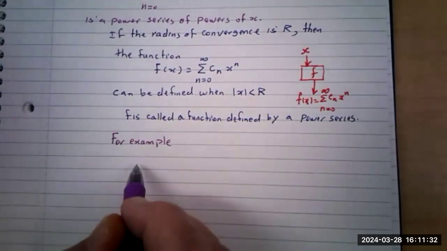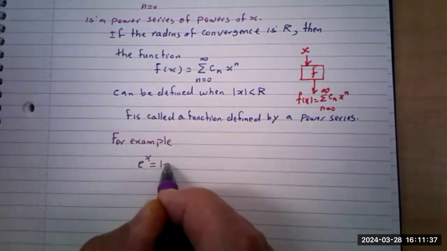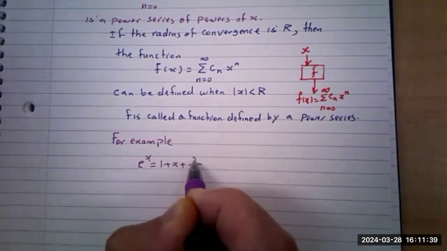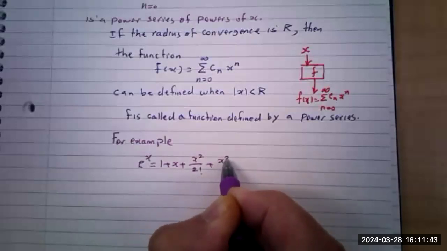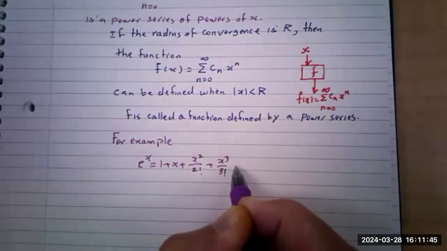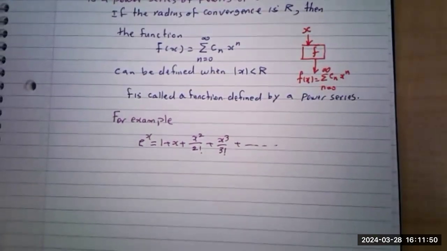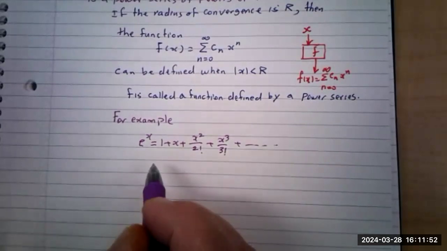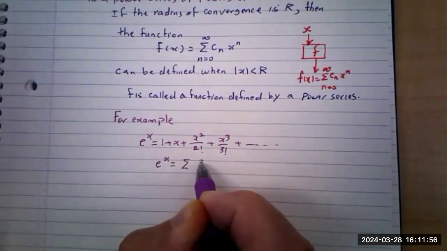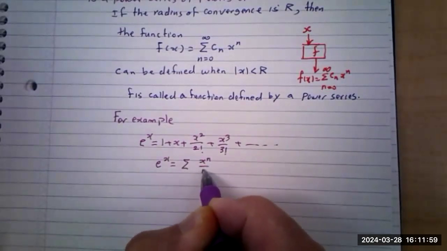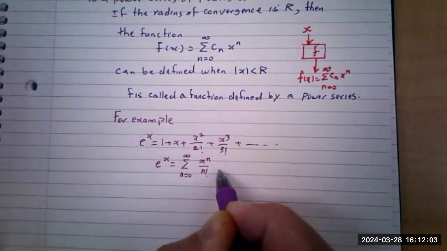For example, we need the exponential function, of course. e to the x is 1 plus x plus x squared over 2 factorial plus x cubed over 3 factorial, and you continue. The power series for the exponential function in condensed form is e to the x equals the sigma of x to the n over n factorial, n from 0 to infinity.